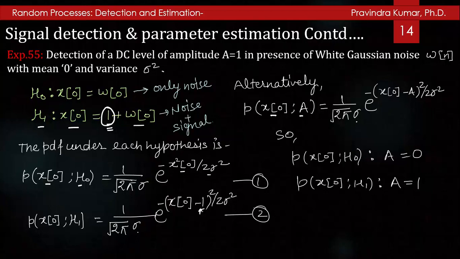So we can say here the probability of the observed sample x0 when H0 is true and the probability of x0 when H1 is true. When H0 is true, the amplitude A is equal to 0, meaning the DC level is not present and only noise is present, and A equal to 1 means the signal is present in the noise.